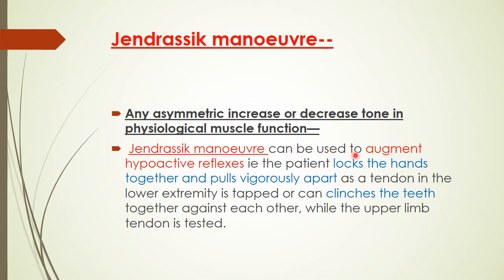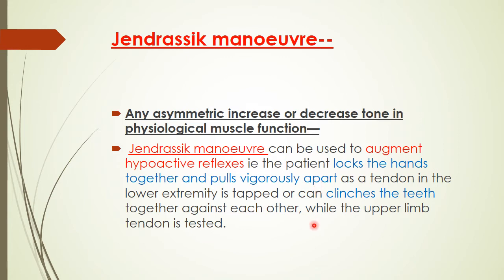It can be used to augment hyperactive reflexes. If we perform the lower extremity reflexes, then we ask the subject to clasp the hands together, lock them together, and pull vigorously apart.